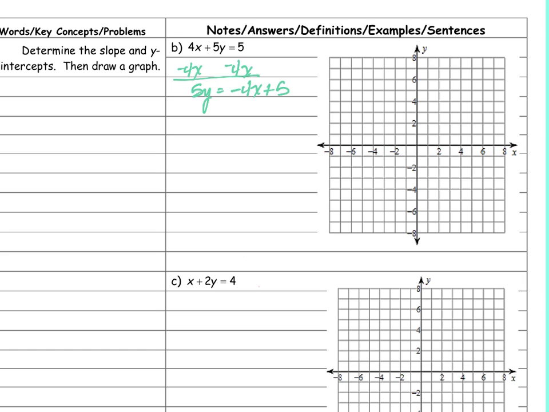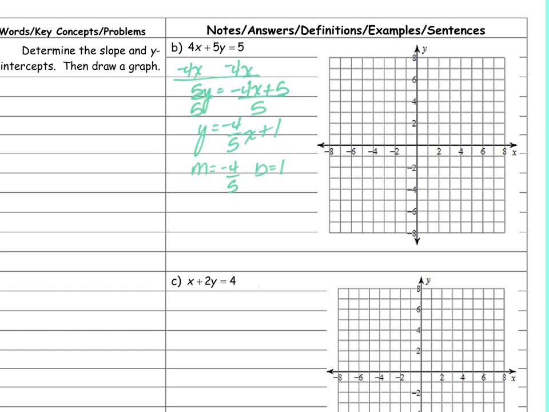It's still a subtract 4x, which sometimes is the same as a negative. So it's still a -4. So don't drop that. And then divide by 5, divide by 5. So y is going to equal -4/5 x plus 1. So my slope is going to be -4 over 5, and my y-intercept is going to be 1.